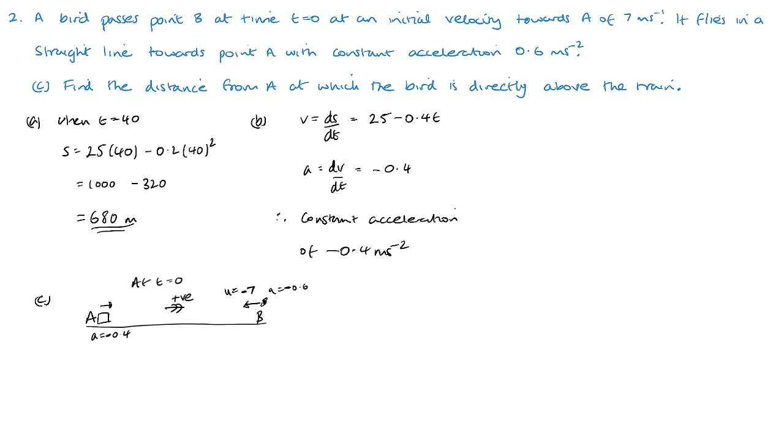And then we want to find where these two meet. So we want to get something in terms of the displacement of the bird. So if we work our way backwards, so from the acceleration, and the acceleration is minus 0.6.